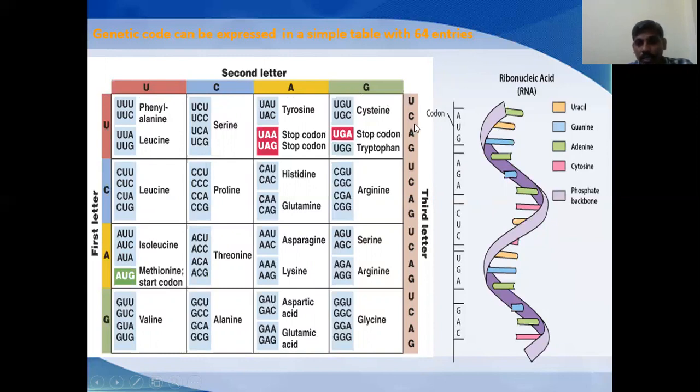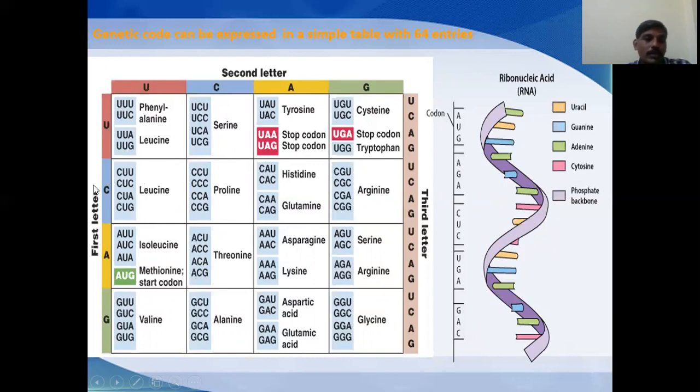And in the right side column, each block contains 4 nitrogen bases, UCAG like this. So we can write the combinations. U combines with U, and we get triple U, that is one codon which recognizes phenylalanine. So UUC, UUA, UUG. In this way, 4 codons are formed in each square box, and in total 64 codons are formed. This is the codon dictionary.